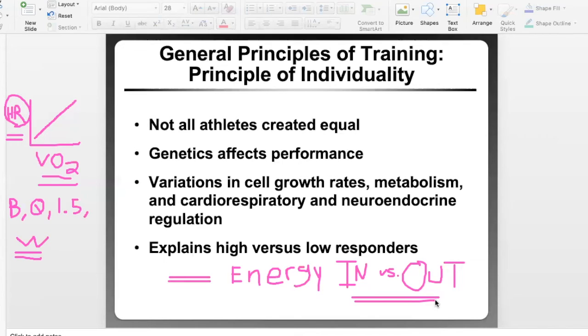Because if we're going to put together our strength management business and we're going to base it all on this energy in and energy out thing, first of all, like we talked about before, it's really difficult to measure energy in as it is to measure energy out.